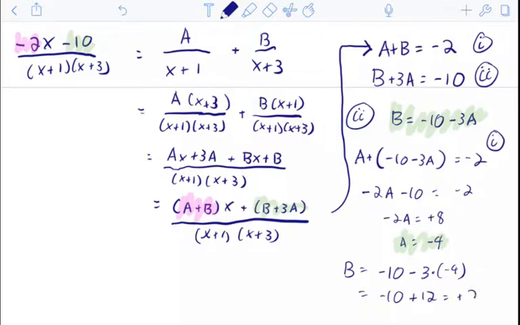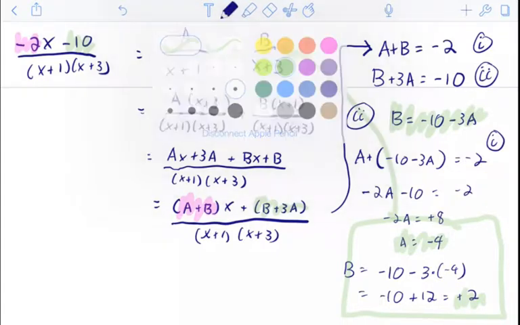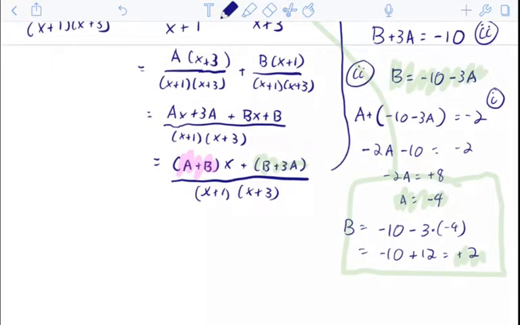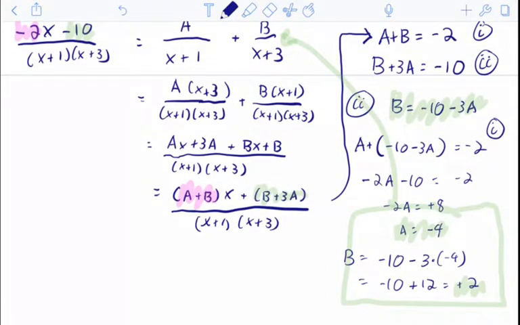So b has the value plus 2. So you take these two and you plug them back into here. So the result is, a has the value minus 4 and b has the value plus 2.